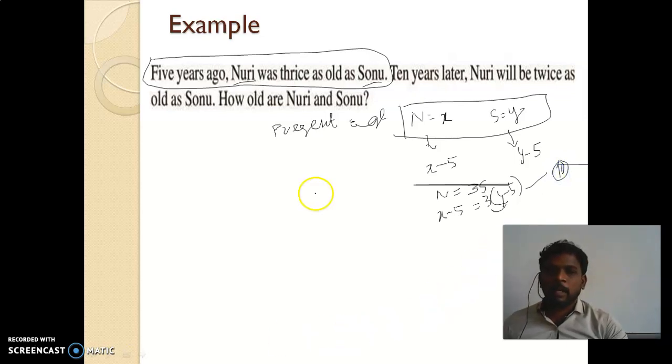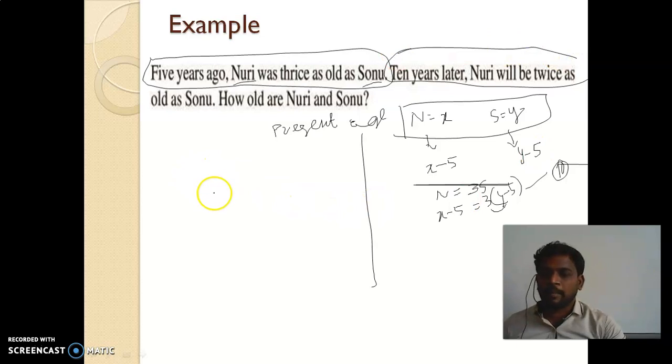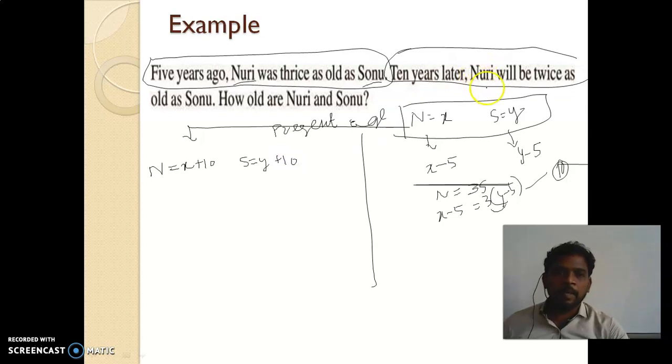As usual, what about the second information? 10 years later means after 10 years, so we have to add 10 to the present age. So Nuri will be x plus 10 and Sonu will be y plus 10, because 10 years later is given. What is the relationship given here?